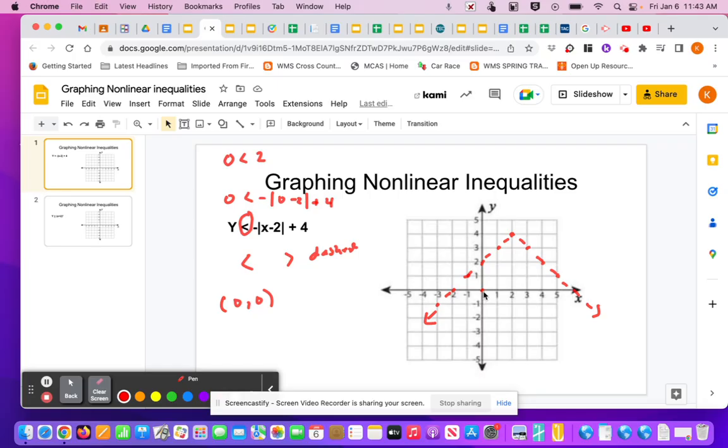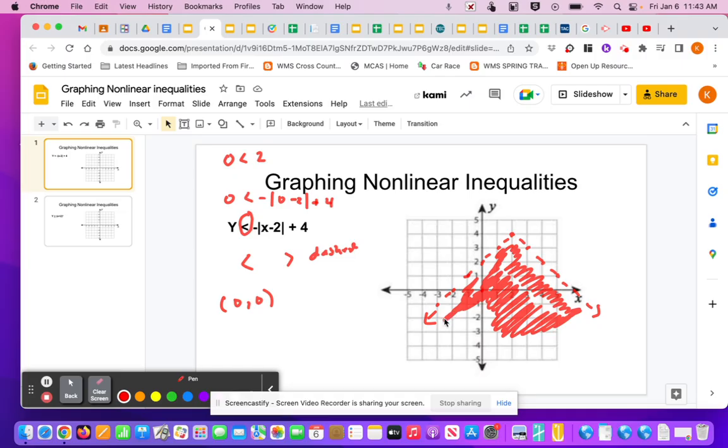It also means that all of the points in the same region as the origin will also be solutions. So I will need to shade in with my pencil lightly all the points that are located in that region. I'm going to try to scribble this for you, but you get the idea.